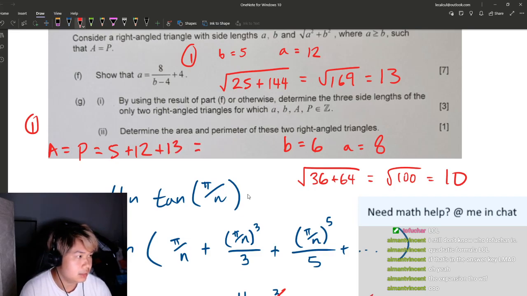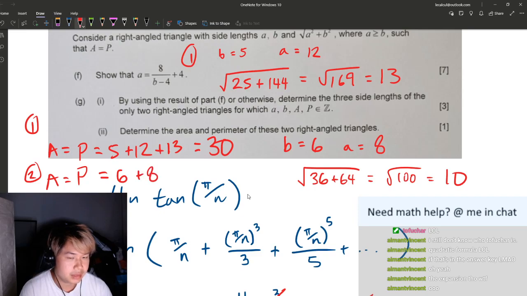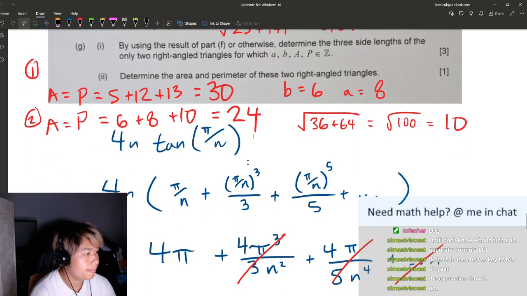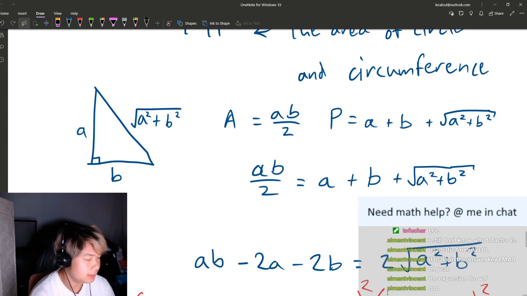What the hell is this? 30, right? And then A equals P, number 2. 6 plus 8 plus 10. So 24. And then I'm done. I think that was the last bit, right? Let me double check.